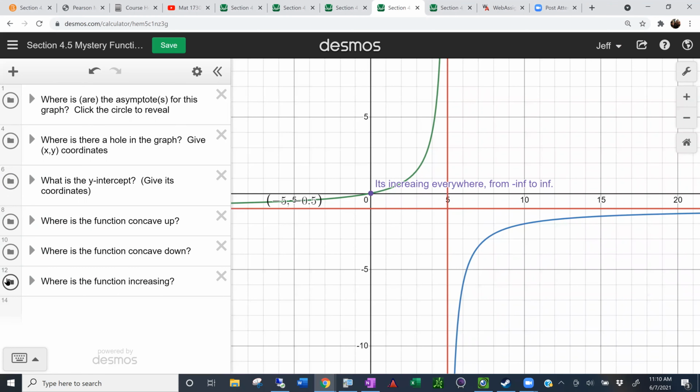Everywhere, right? From negative infinity to infinity. We saw that. And when you look at the graph, it is increasing everywhere. Let me get rid of the asymptotes here real quick. But here's just the graph. As you move from left to right, it's increasing everywhere. It just has this brief, weird little pause at x equal 5 because you have a vertical asymptote there.